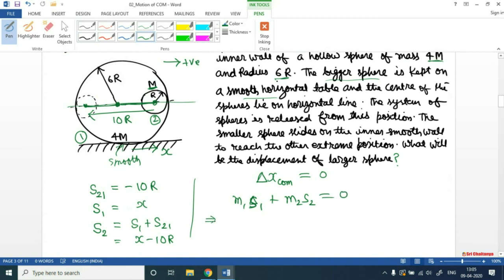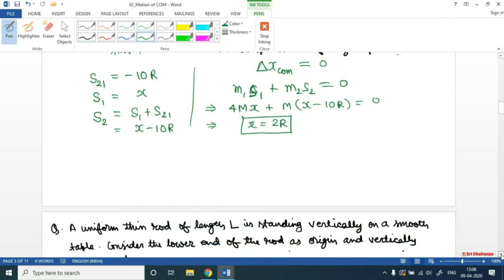So m1 is 4m and s1 is x, and m2 is m and s2 is x minus 10r, and this is equal to 0. So this relationship gives us that x will be equal to 2r. That would be our answer for this part of the question.